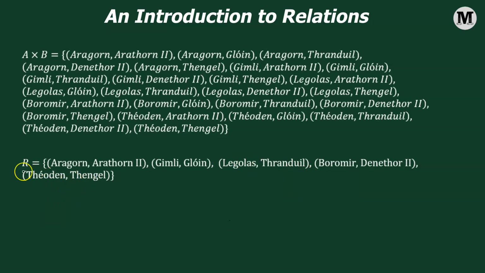Now this is a special type of set. Let's say R is a set, and we'll try to write it in set builder form. The set is going to contain only ordered pairs. So let's call the ordered pair (a, b), such that a belongs to the first set A. That means whatever element a we pick is going to be an element from the first set A. And b, the second element in the ordered pair, is going to belong to the second set B. And clearly there's a relationship between these two elements a and b.